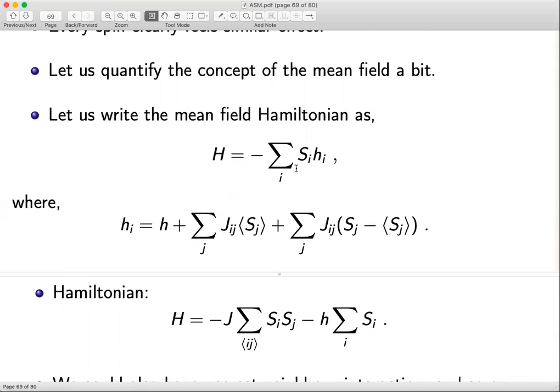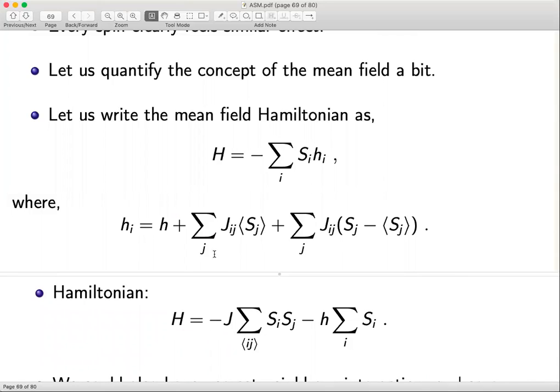So you replace this H times summation Si piece by Hi, and Hi contains multiple terms. These multiple terms come from the following: suppose you have decided to concentrate on the spin Si, then you could sum over all Sj, which are nearest neighbors of Si, but that sum could contribute some fixed value, which would be called the average value of Sj.